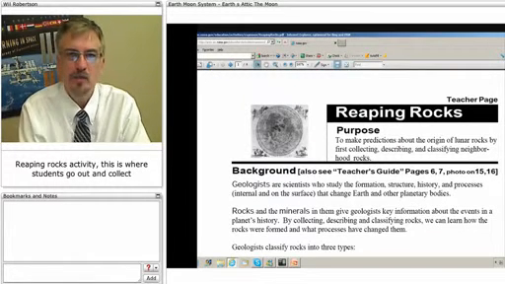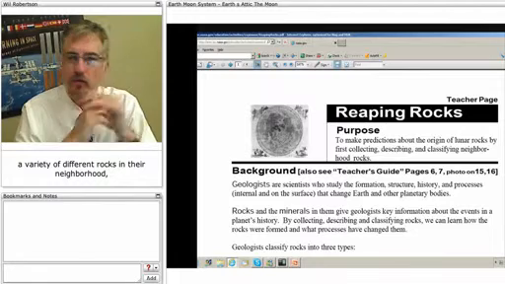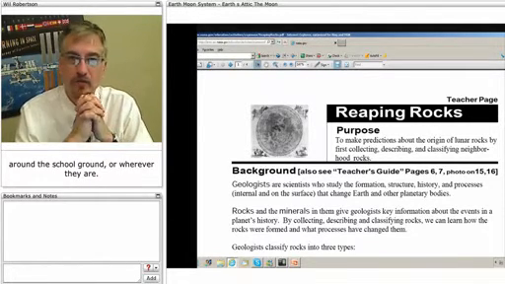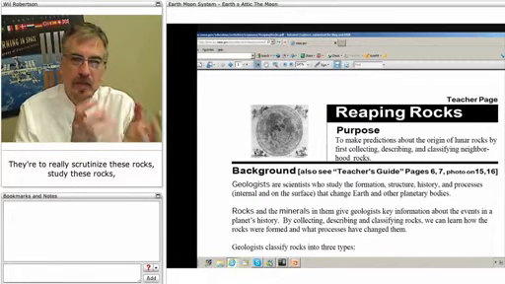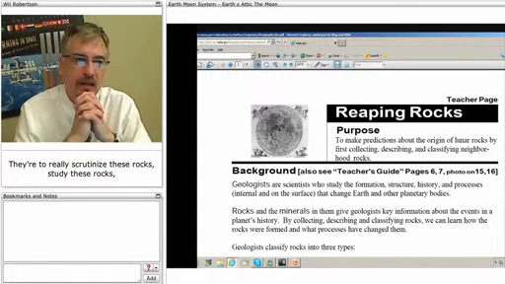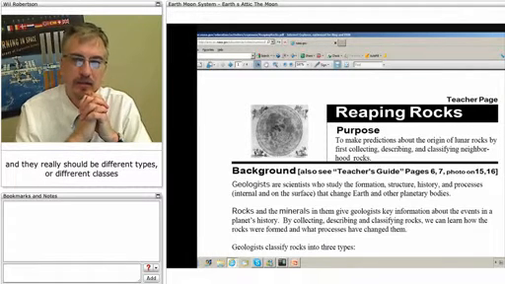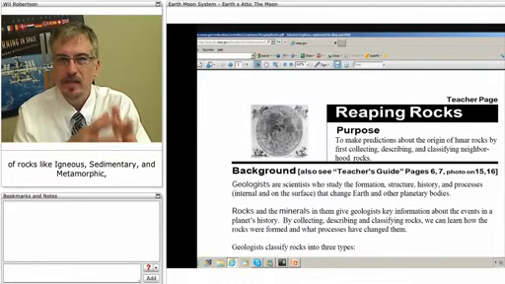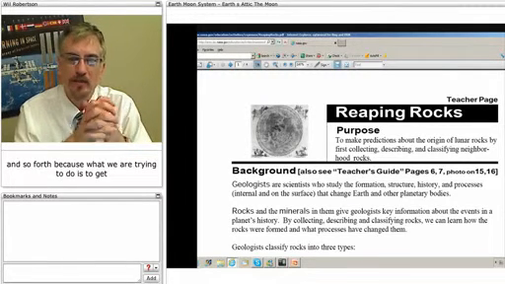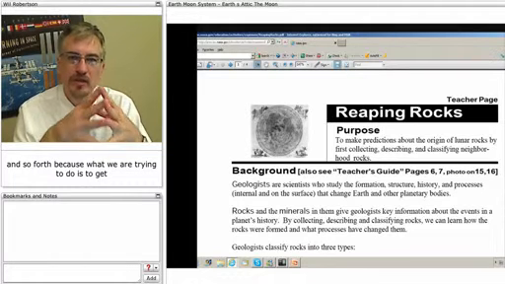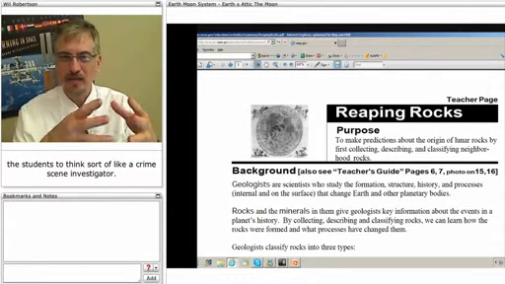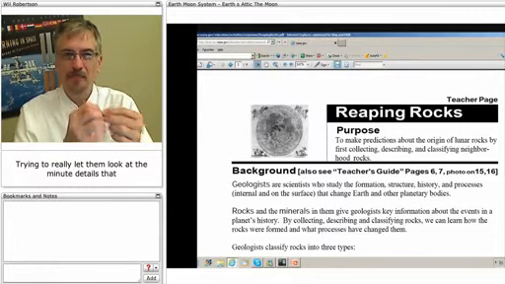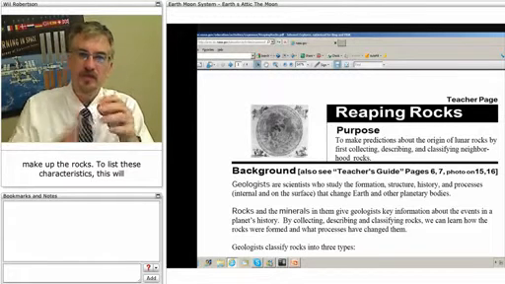Reaping rocks activity. This is where students go out and collect a variety of different rocks in their neighborhood, around the school ground, or wherever they are, and they are to really scrutinize and study these rocks. They should be different classes of rocks, like igneous, sedimentary, and metamorphic, and so forth, because what we're trying to do is get the students to think sort of like a crime scene investigator, looking at the minute details that make up the rocks and listing these characteristics.